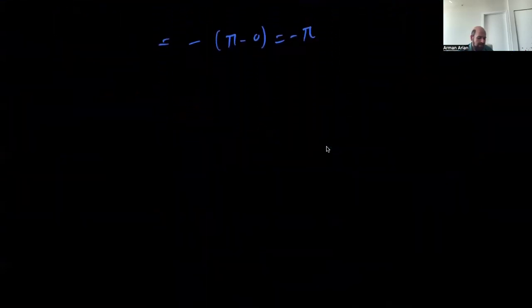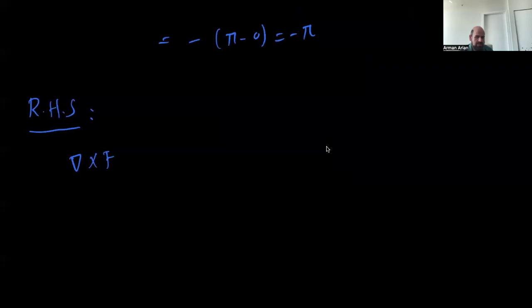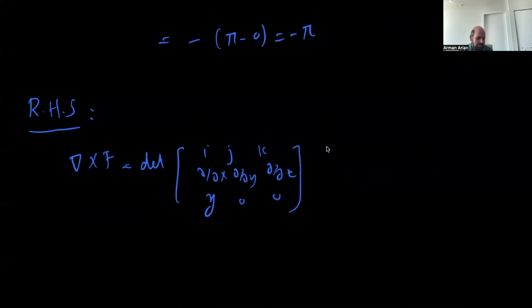And now let's simplify the right-hand side. On the right-hand side, we need the curl of F. The curl of F, again, is easy to calculate. That will be the determinant of i, j, k; d/dx, d/dy, d/dz; and then y, 0, 0.